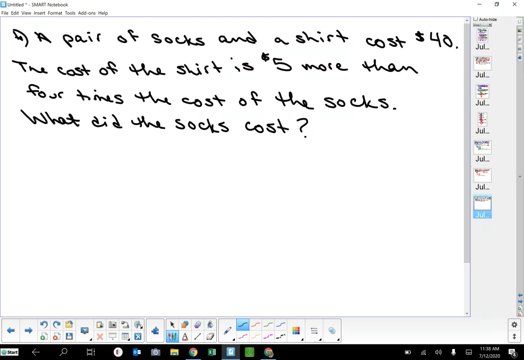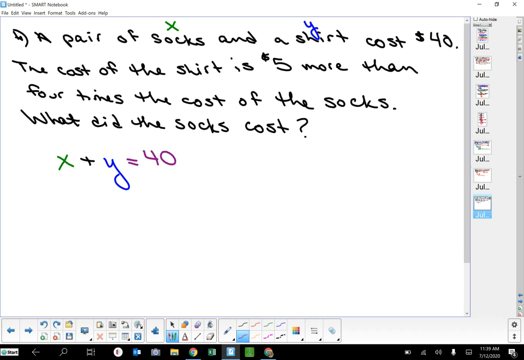Okay, I like this question because you're actually dealing with 2 separate things. So if you have 2 items, you need 2 variables. And so what I'm going to do is give the socks a variable of X and a shirt a variable of Y. And we know socks and a shirt cost $40.